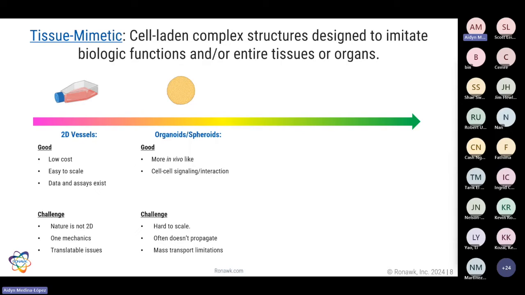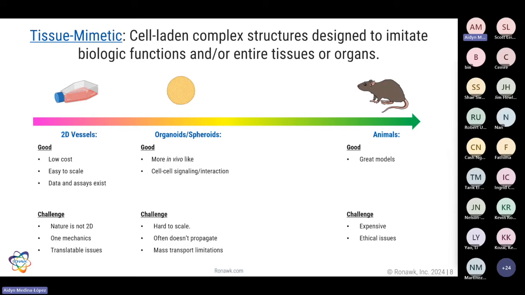However, they're very hard to scale. They often don't propagate, and they have a mass transfer limitation, developing those necrotic cores. And now when you develop those type of cores, then you don't know if the data that you're getting out is due to what's going on on the inside or what you actually were looking for.